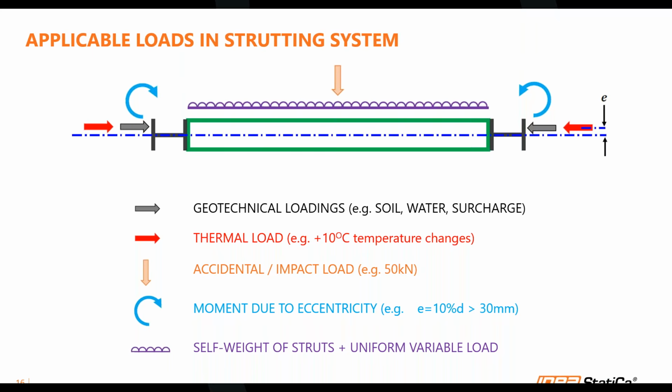So you have the loads, for example, the geotechnical loadings. You have your soil, water, and surcharge. You also have thermal loads due to changes in temperature. Obviously, you have some impact loads, for example 50 kilonewtons that you need to apply, and some eccentricity.